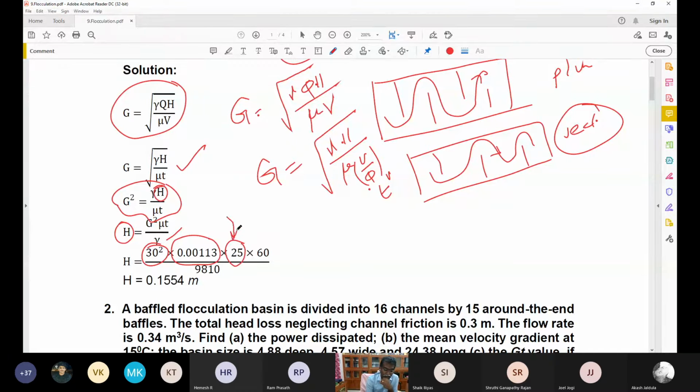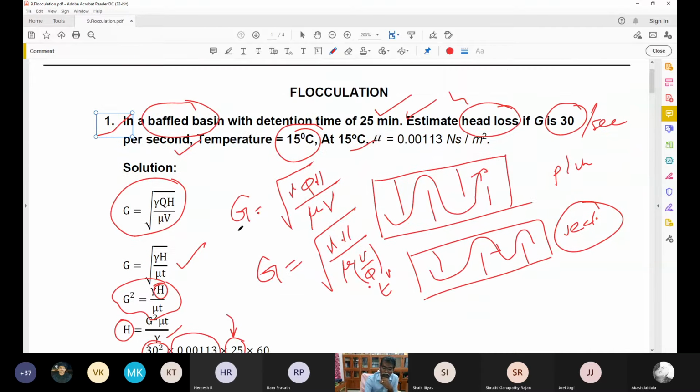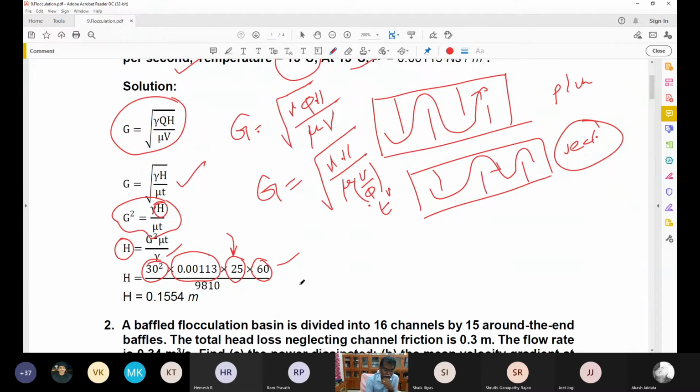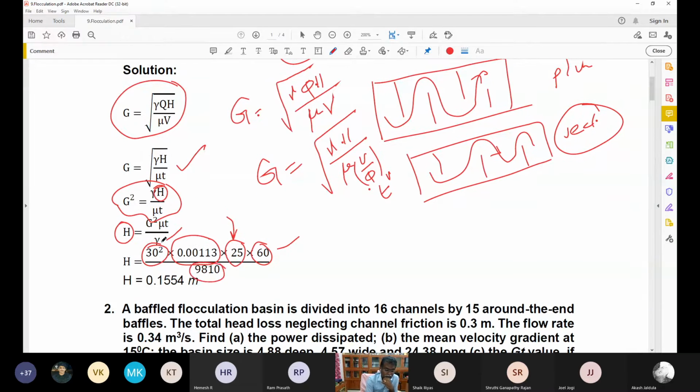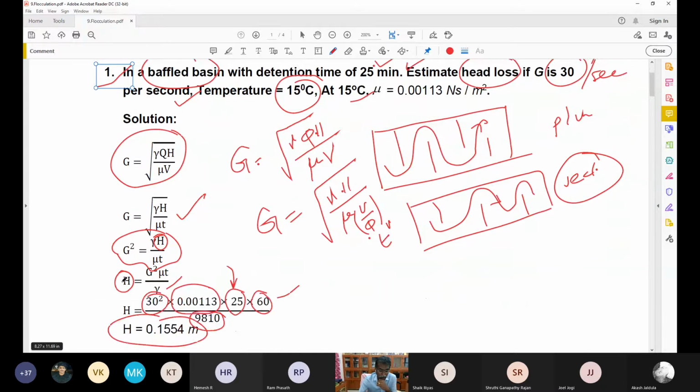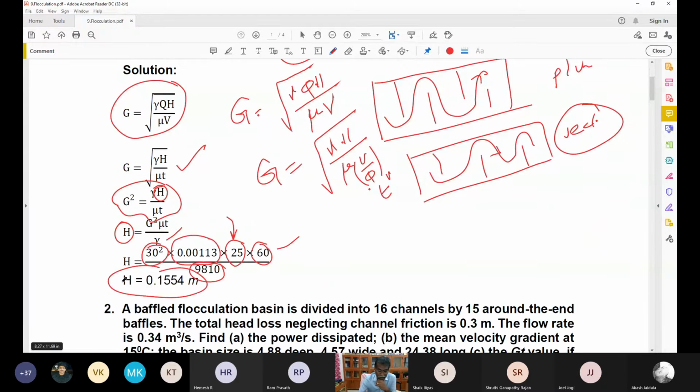Since that is in minutes and the other units are in seconds, we substitute 25 into 60 for the conversion, divided by 9810, the specific weight of water. Therefore you can calculate the head loss in the baffled basin as 0.1554 meter. Is it okay?